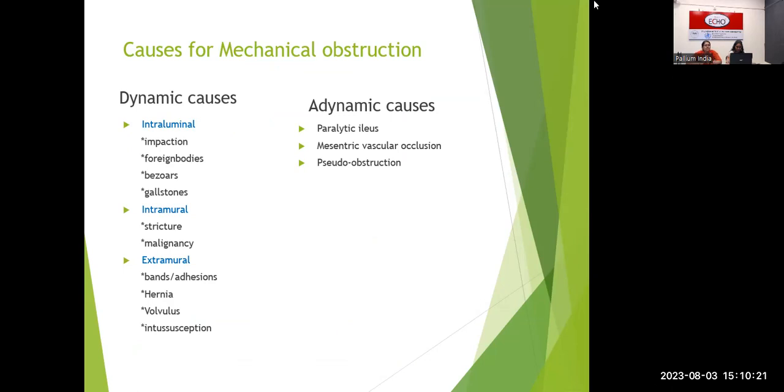Now, can anyone tell me what are the common symptoms that a patient presents with in intestinal obstruction? Very common symptom, what a patient can present with intestinal obstruction. Vomiting, okay.